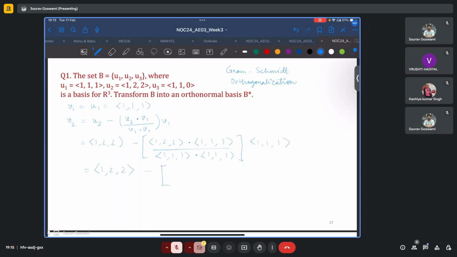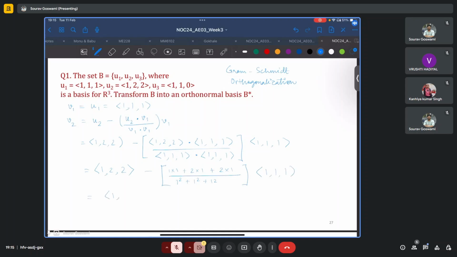So this is just a vector dot product. We have 1 into 1 plus 2 into 1 plus 2 into 1 by 1 square plus 1 square plus 1 square. And this scalar is multiplied to the vector 1, 1, 1.